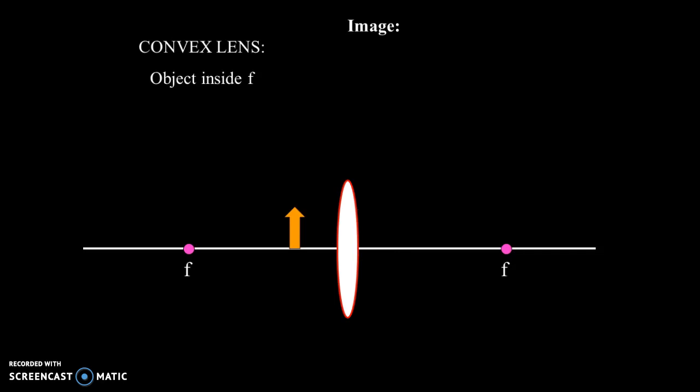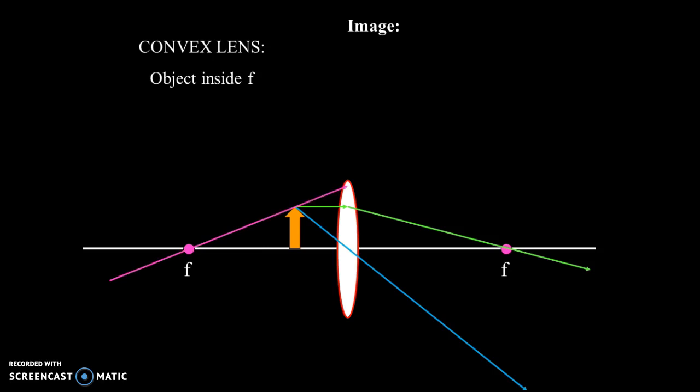All right, now what happens if we keep moving that thing towards our lens and we now get it inside of the focal? Same rule for the first one, goes parallel to the principal axis through the focal point on the opposite side. Our third ray again here, straight through the middle. And we come in with through the focal and parallel. Now again, you would look at this and go, well, those are all diverging, we're never going to get anything.